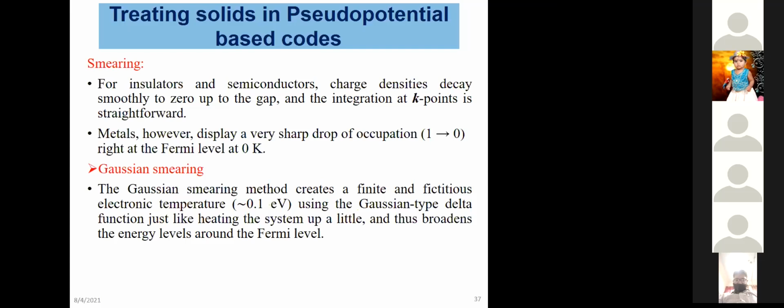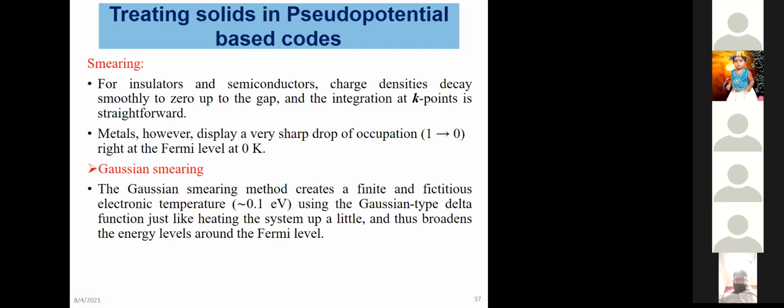So there are different methods to tune this metal property with the help of smearing. The smearing is nothing but adding a finite, fictional electronic temperature term. Like in Gaussian smearing, we add of the order of 0.1 electron volt of energy to our orbitals, so that this energy has an equivalence in temperature.